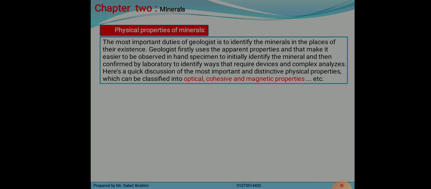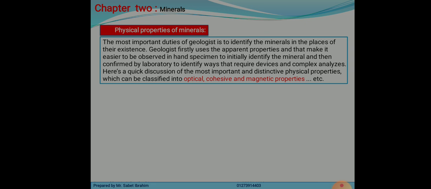A geologist uses the apparent, clear properties to observe the hand specimen and identify the mineral, and then confirms that in the lab, using required devices and complex analysis.